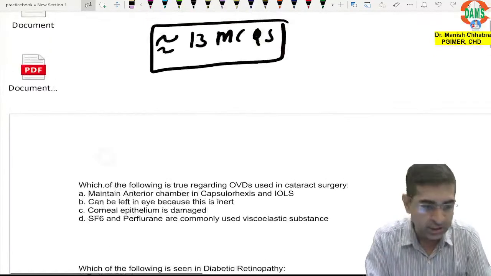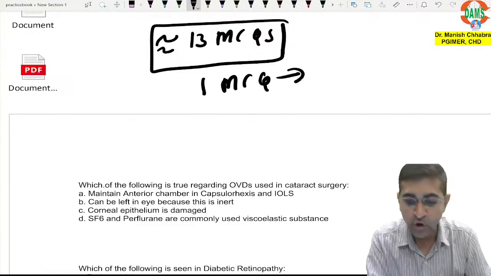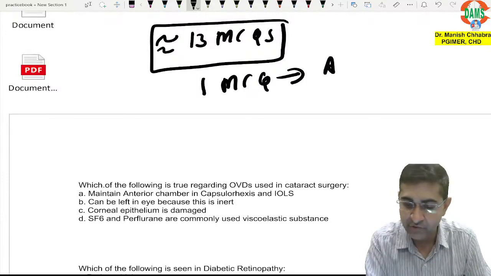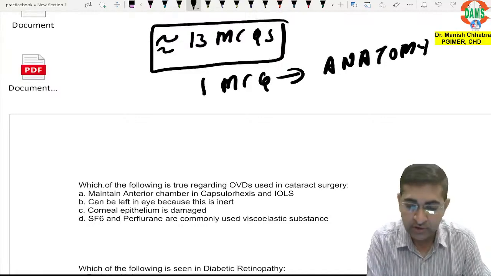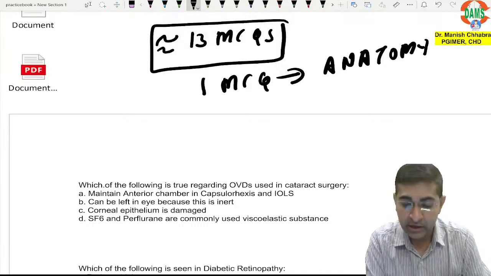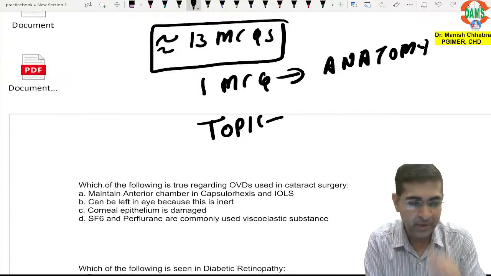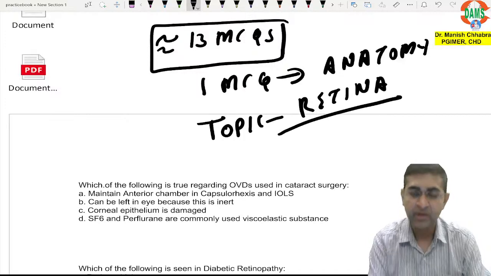Out of these 13 MCQs, one MCQ was an integration with anatomy, while the most often asked topic in your November INICET exam was retina.